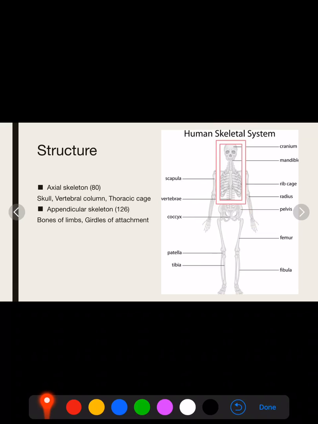Okay, the numbers inside the brackets are the number of bones. That means you have 80 bones for your axial skeleton and 126 for your appendicular skeleton. That means in total you have 206 bones in your body.